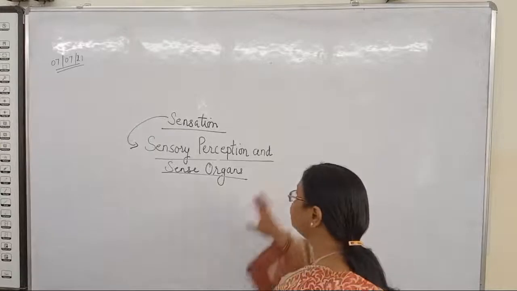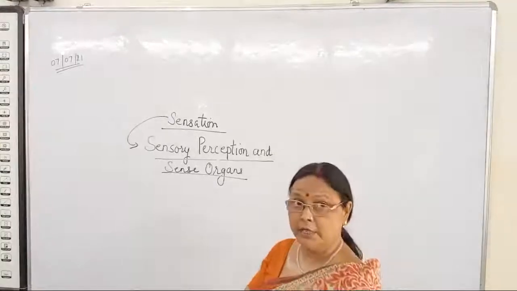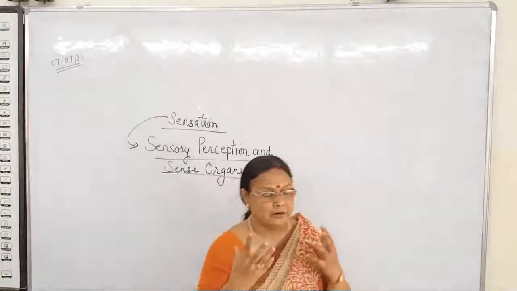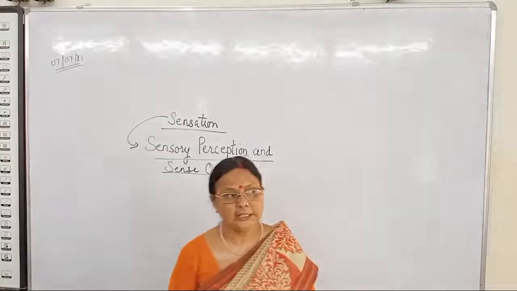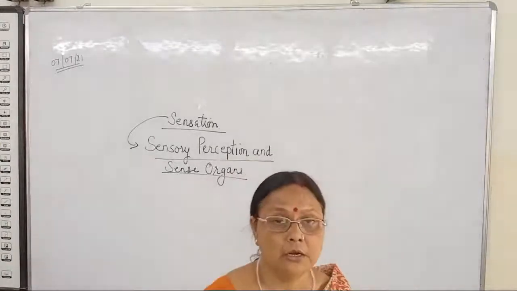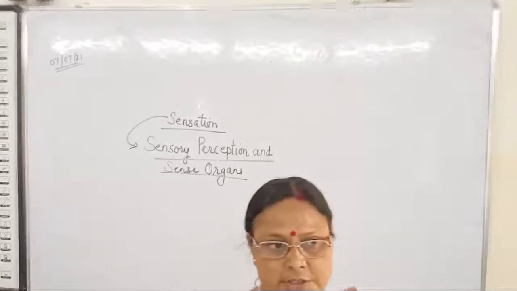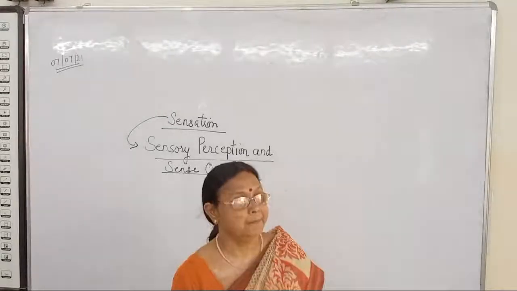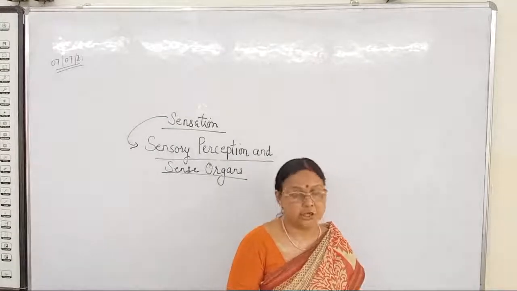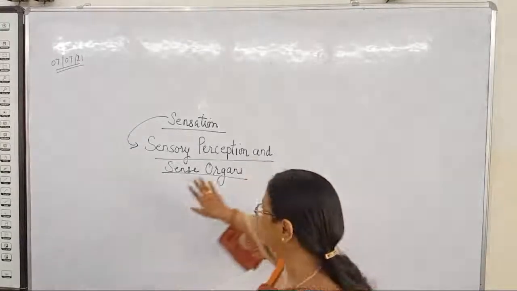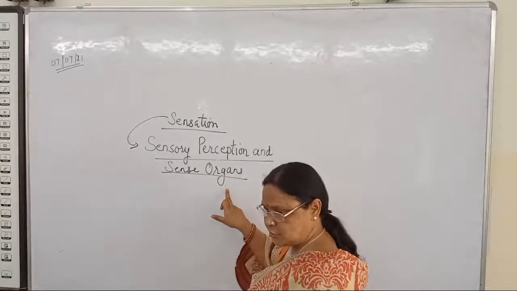So for this sensory perception, we have certain receptors or organs that inform our brain about sensory changes, and those parts are referred to as sense organs.